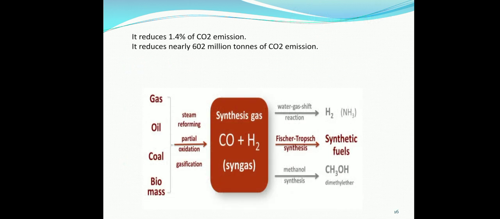Basically, what we can do in this is reduce the amount of CO2 present in our thermal power plant. What is the effect of CO2? We all know that climate conditions are changing. There is a place in Death Valley, US, where the temperature reached 54.4 degrees centigrade in August 2020.